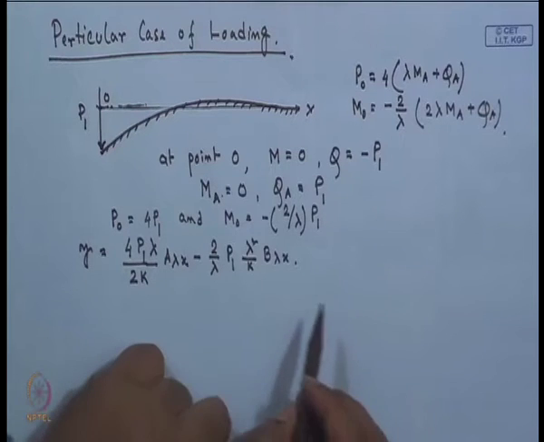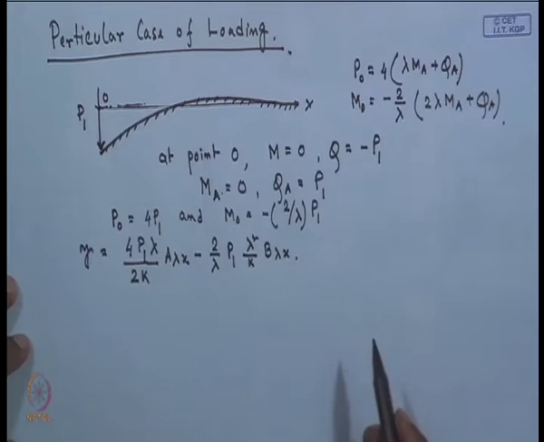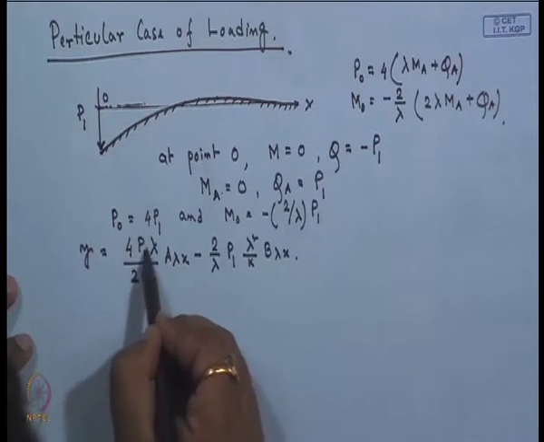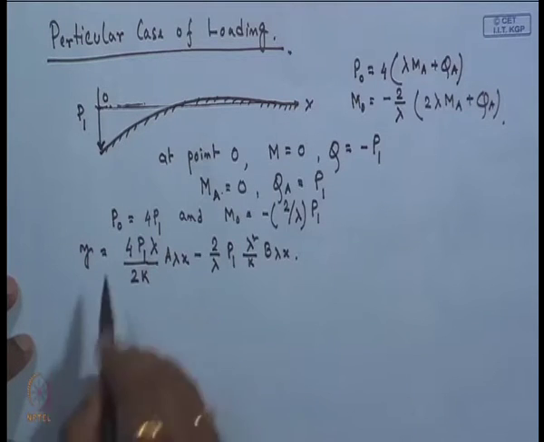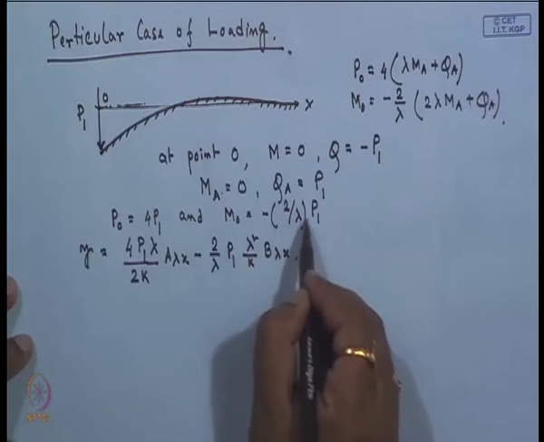These two are coming from the general expression of the concentrated load, and in case of P 0 we put 4 P 1, and in case of M 0 we put minus 2 by lambda P 1.